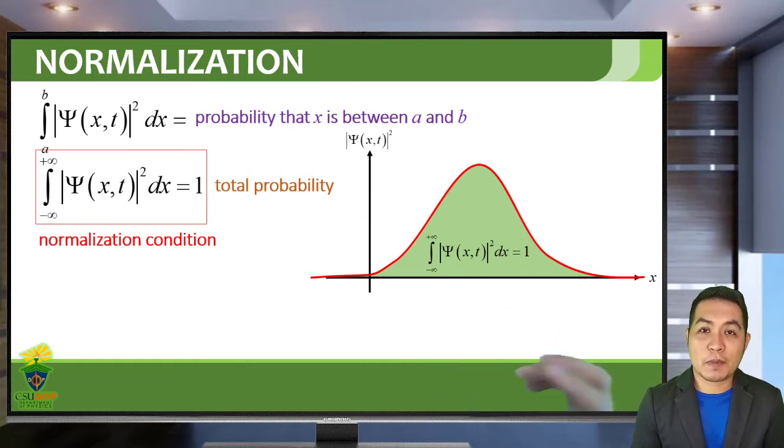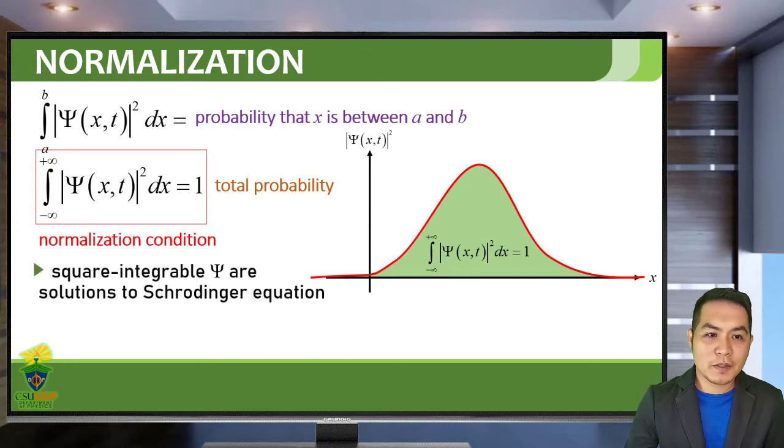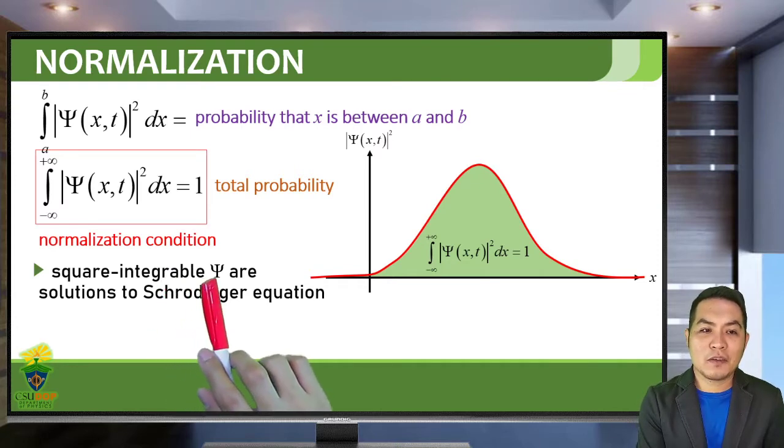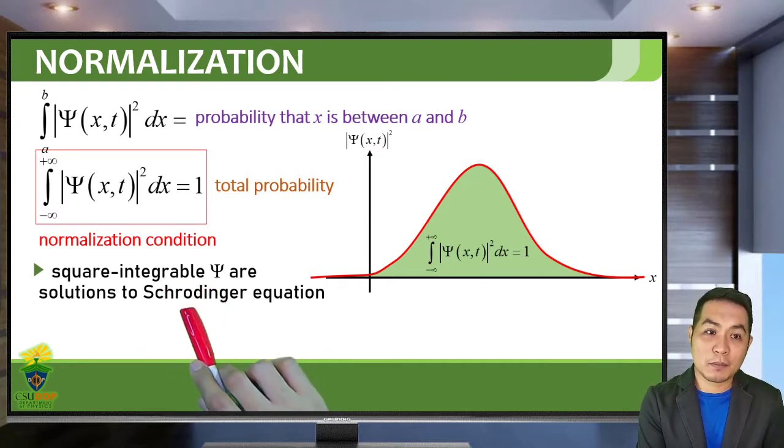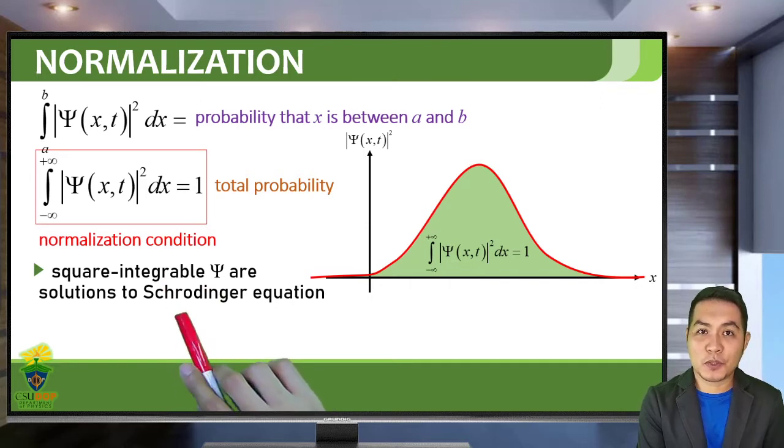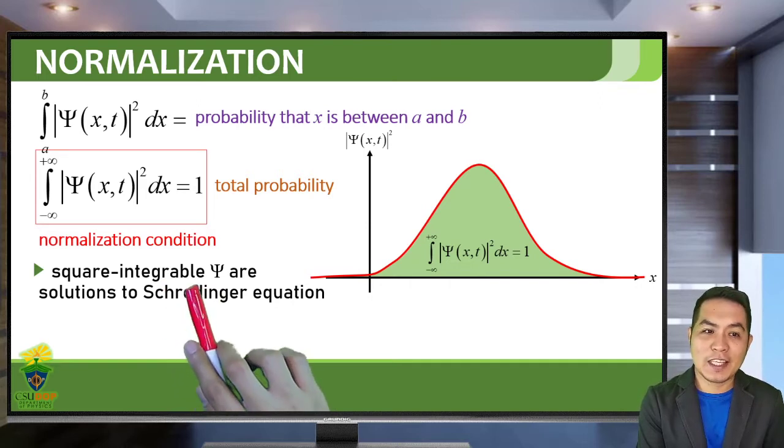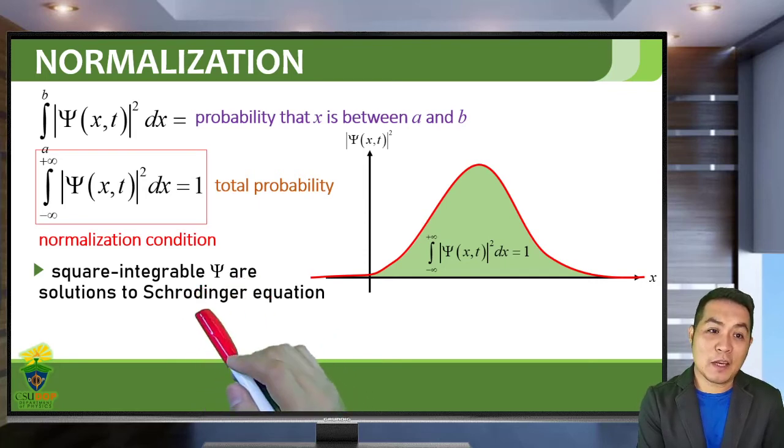So it represents the total probability, which is 100%. Based on this condition, it is found that only square integrable wave functions are the acceptable solutions to the Schrödinger equation. And these square integrable wave functions belong to a space called the Hilbert space.